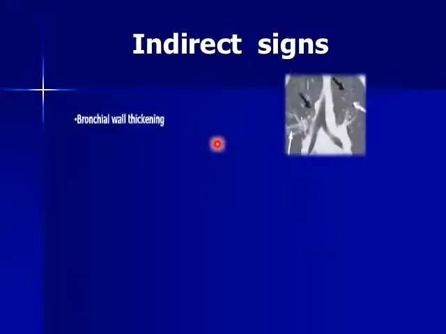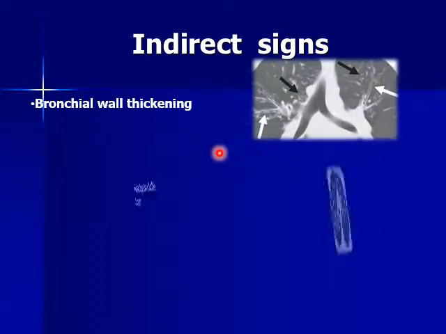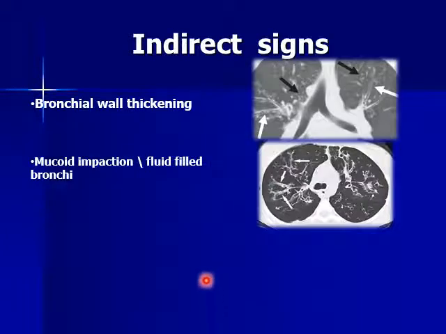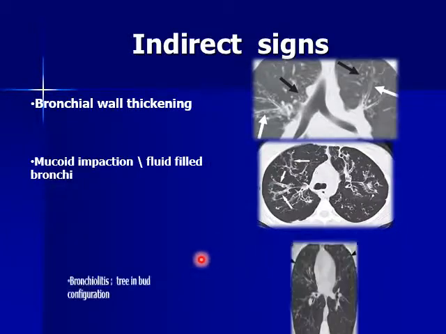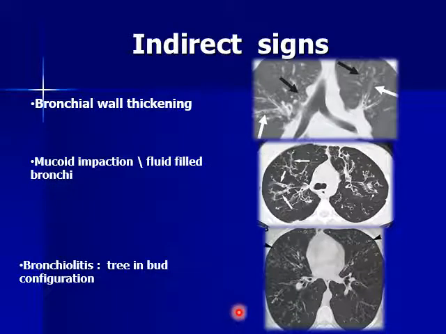This is another sign which is called tram track sign due to bridging mucosa between the parallel walls of this. The other indirect signs include bronchial wall thickening, mucoid or mucus impaction inside the bronchi, and tree-in-bud nodules in association with bronchiectasis, because tree-in-bud nodules mean that we have endobronchial spread of infection distally into the bronchioles.